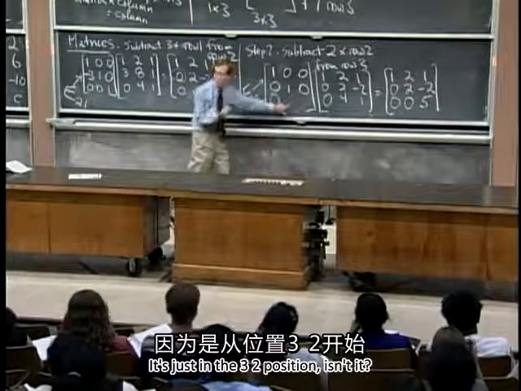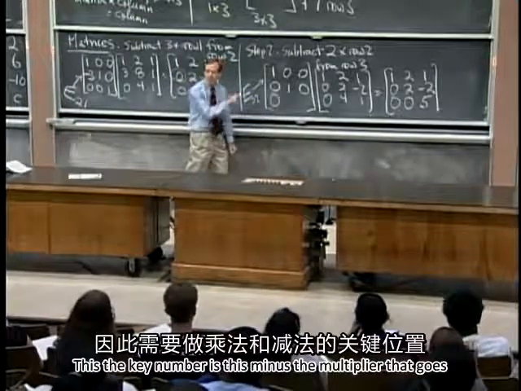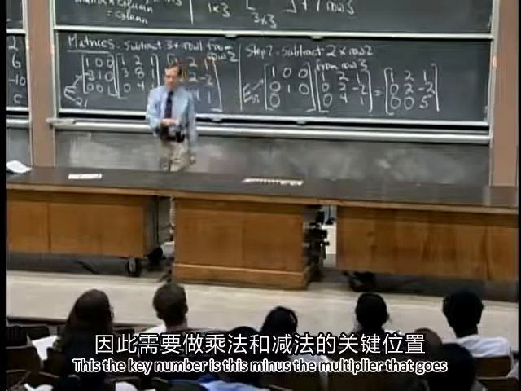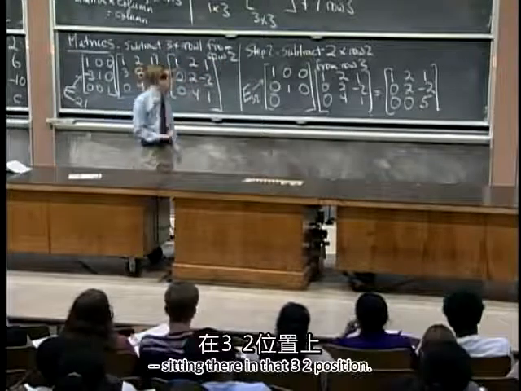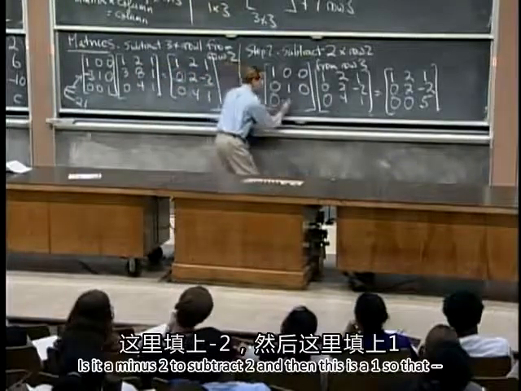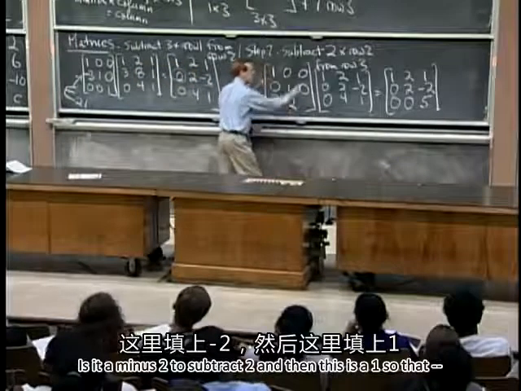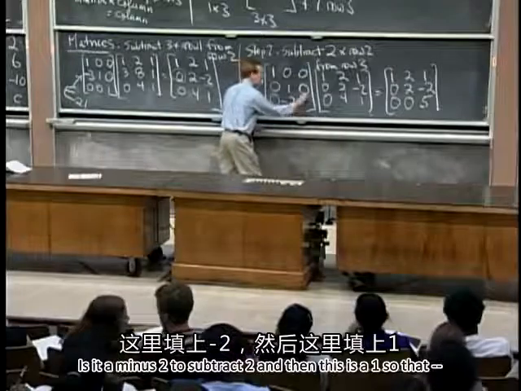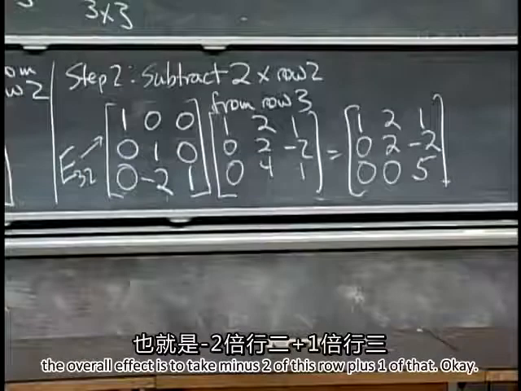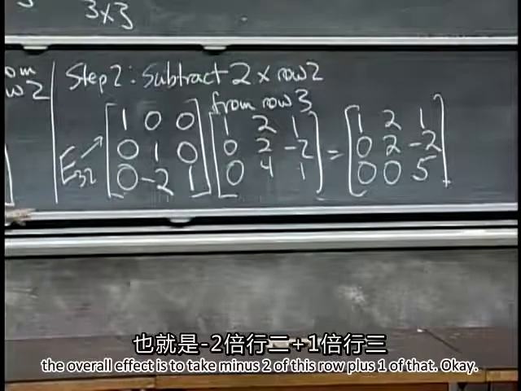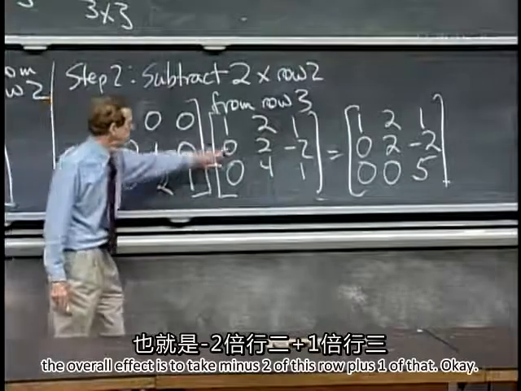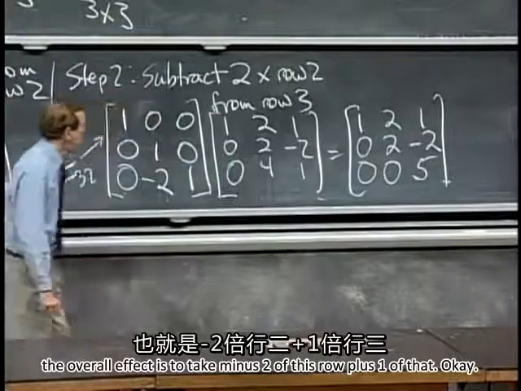It's just in the 3-2 position. The key number is the minus multiplier sitting there, so it's a -2, and then this is a 1, so the overall effect is to take -2 of this row plus 1 of that. Okay.